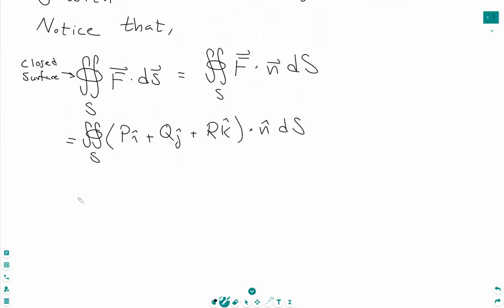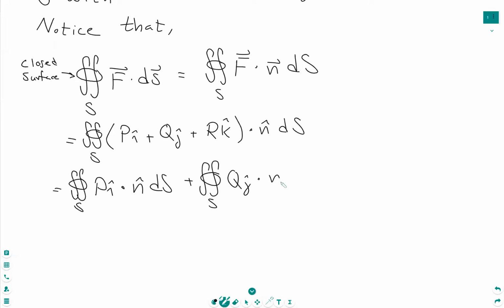So just like we did with the volume, since this is a sum, we can do three separate integrals where we have P i dotted with n dS, our surface area integral, with Q j dotted with n dS, and our surface area integral with our k hat dotted with n dS.